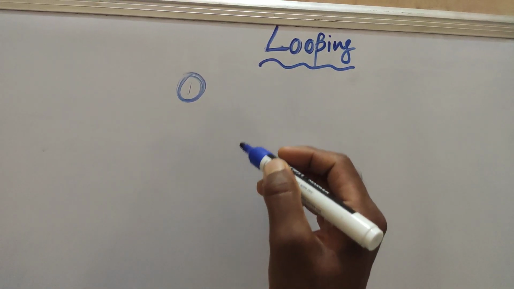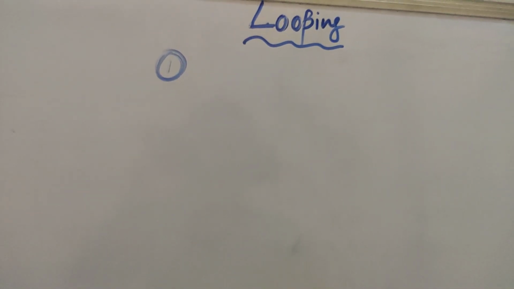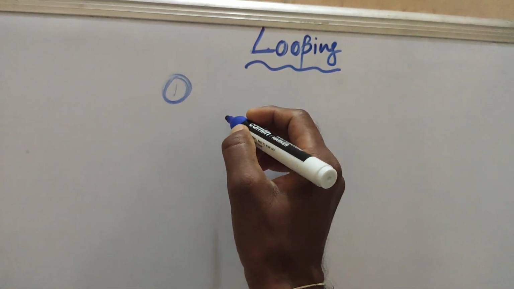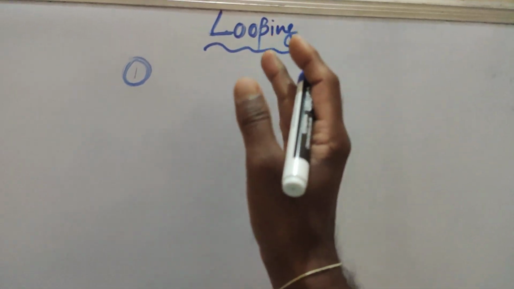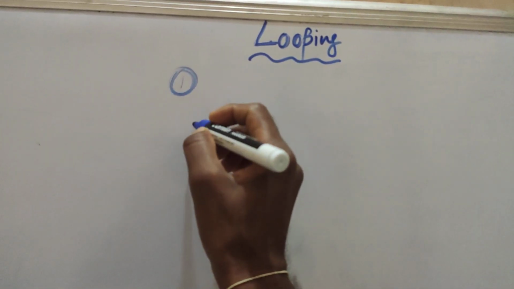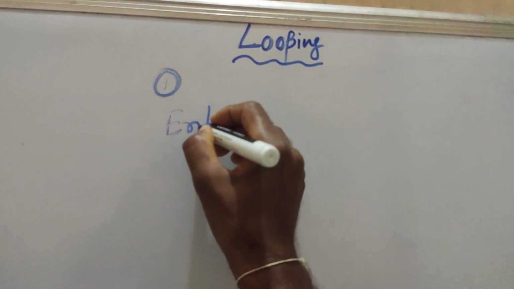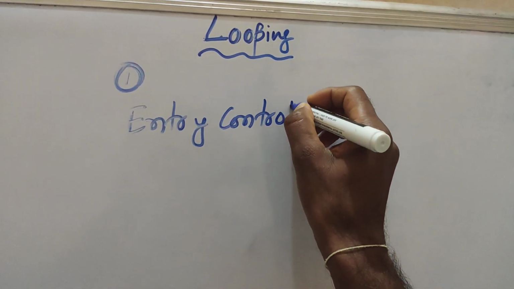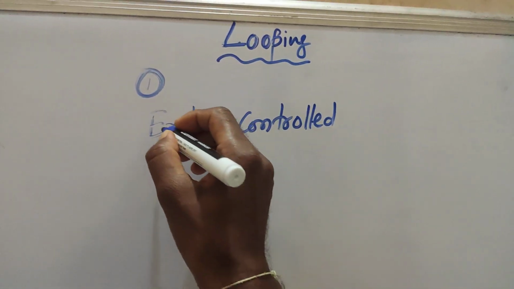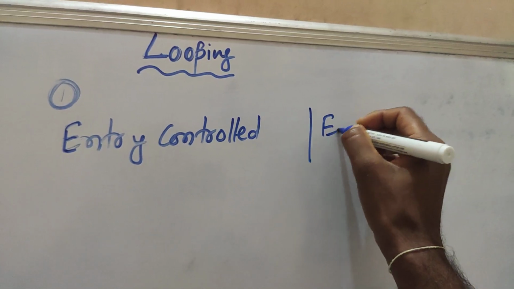So now see, loops are also classified in another two ways. One is entry control loop, and one is exit control loop.